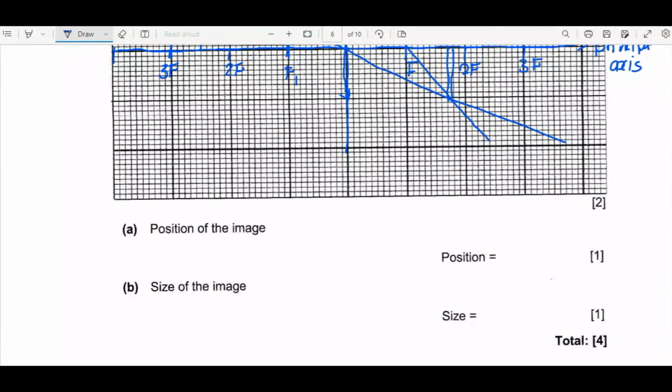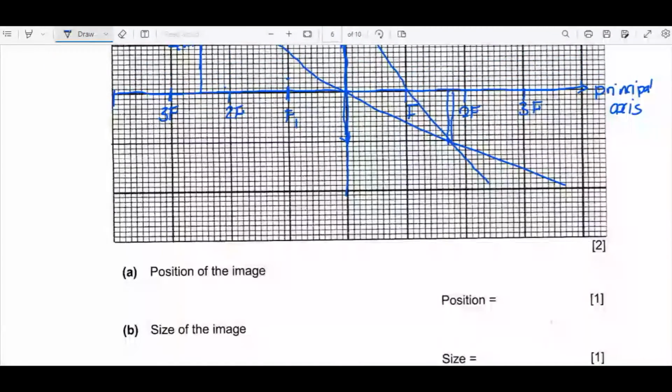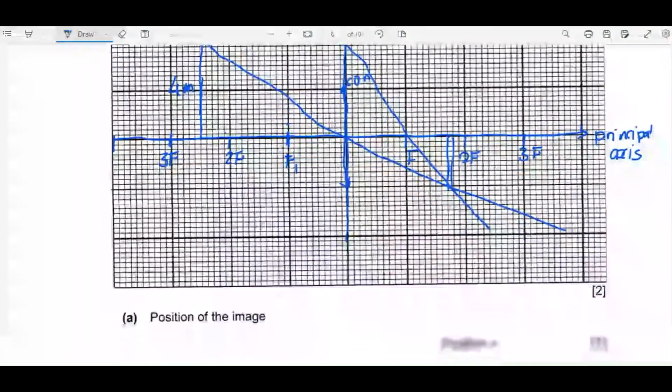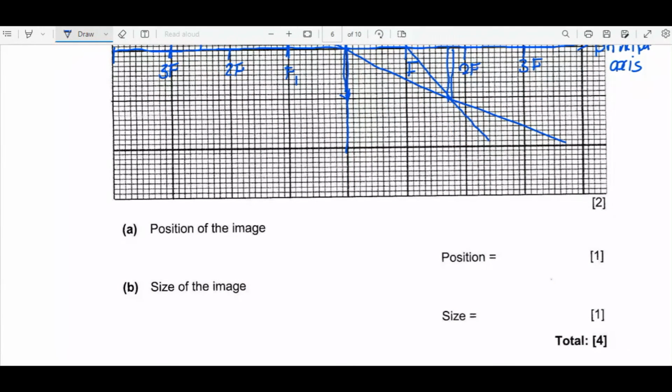Then the position of the image. Are we supposed to calculate here? So 1 over F is equal to 1 over DO plus 1 over DI. So 1 over 3 is equal to 1 over 8 plus 1 over DI.